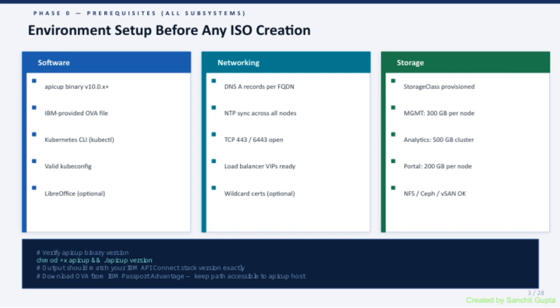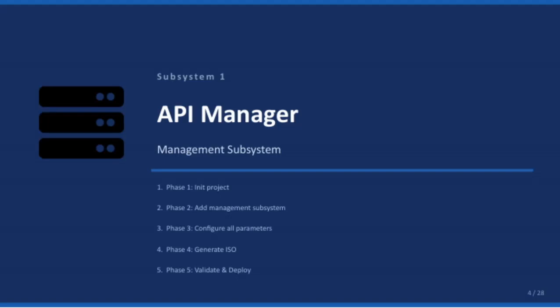Networking must be set up properly, including open TCP ports, load balancer VIPs, DNS records, and NTP sync. Finally, confirm the software environment is complete, with kubectl, a valid kubeconfig, and the IBM OVA file all ready to go.